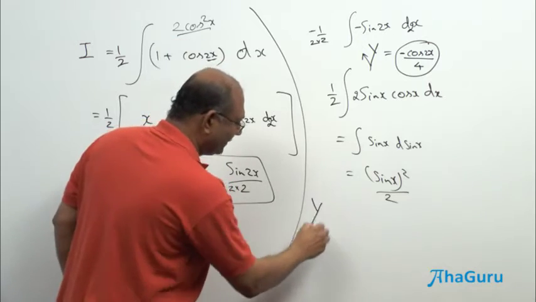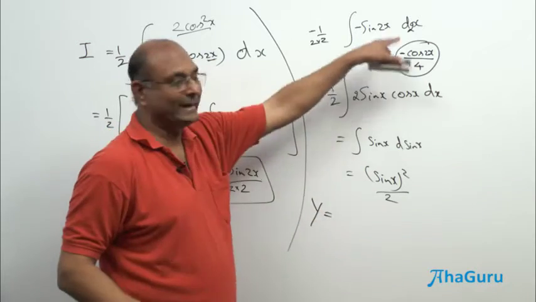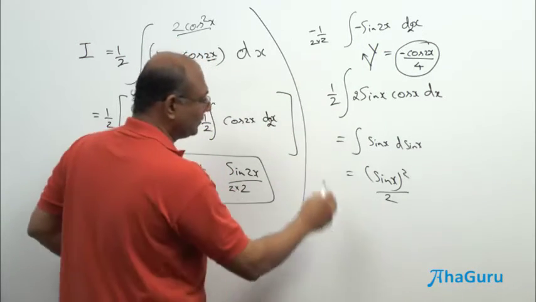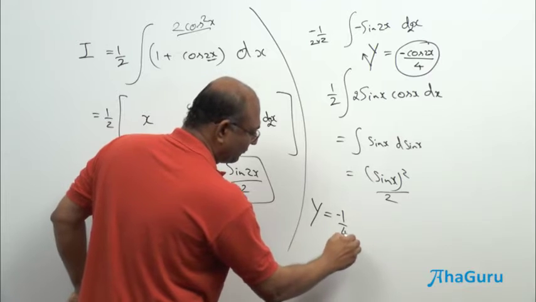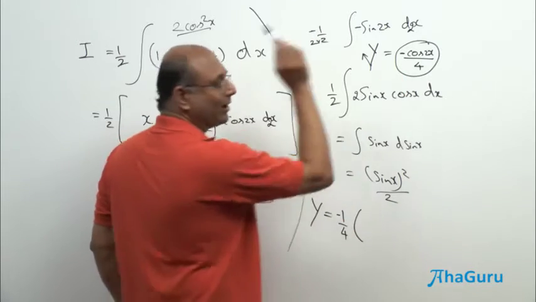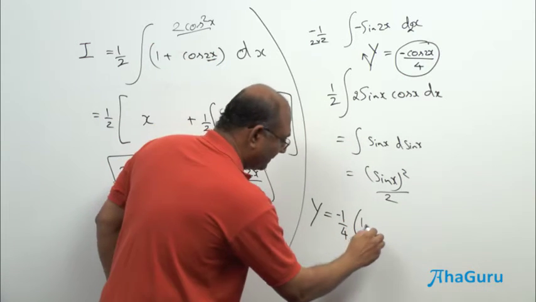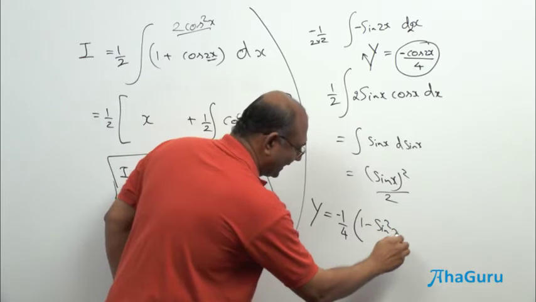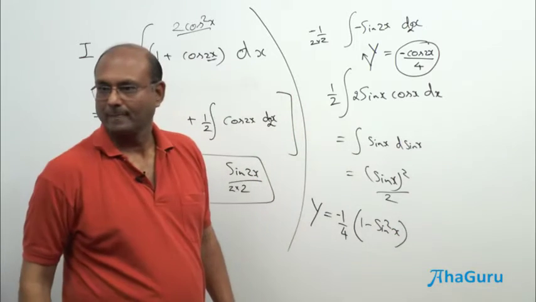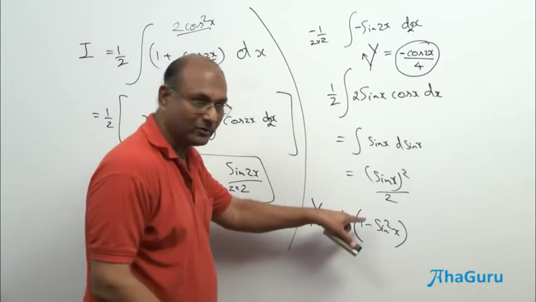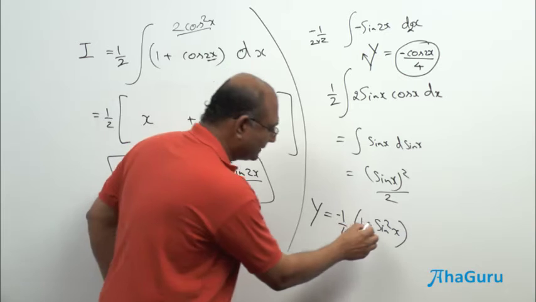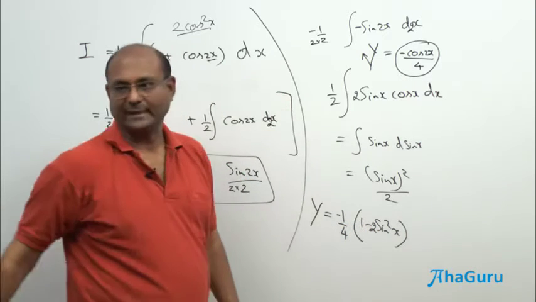So y is equal to, I am rewriting that here, y is equal to minus 1 by 4 times cos 2x, which can be written as 1 minus sin square x. Not quite, no? I should put some 2 somewhere. That is 1 minus 2 sin square x.